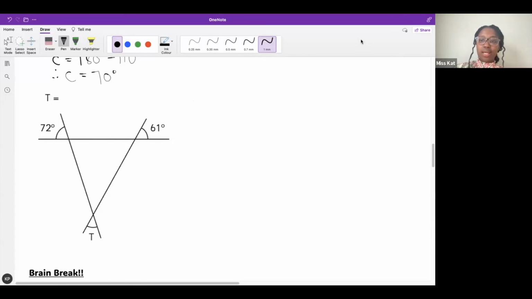We don't have any parallel lines here, so we can't use any of the fun rules. But what can we use? Does anyone have an idea? Vertically opposite, beautiful, Andisa. So where do we start? Should I give them names? Let's give them names. A, B, and C. There we go. I think that'll make it a little bit easier to speak about.